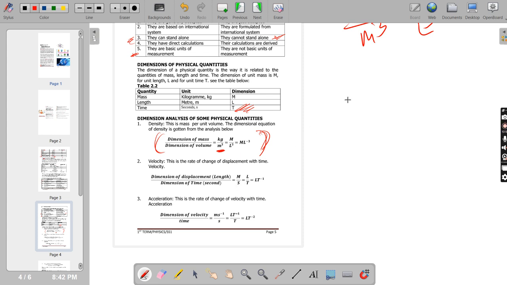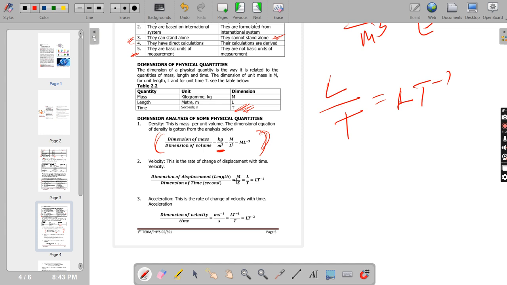That was a mix up. Okay, the dimension for this is L over the dimension for time, which is T, and this will give us LT minus 1.